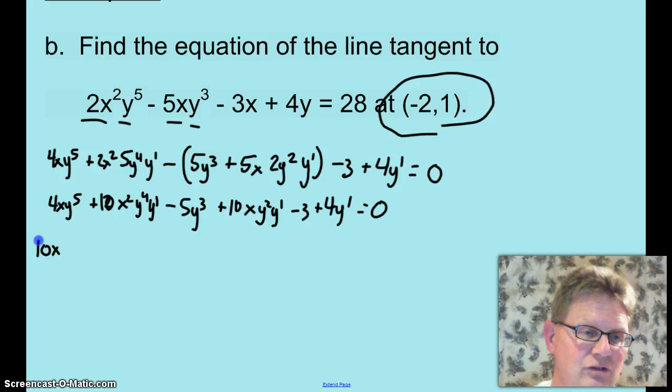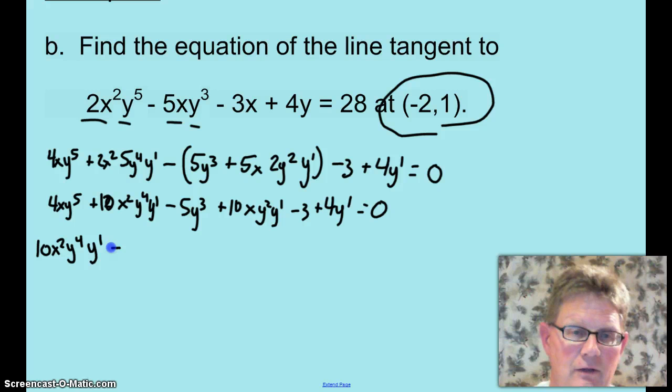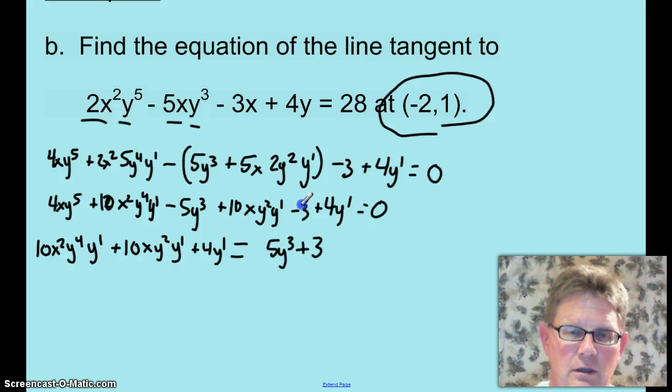So 10x squared y to the 4th y prime plus 10x y squared y prime plus 4y prime equals, let's get everything else over on the other side. It's going to be a positive 5y cubed plus 3. Take care of that. Taking care of that. Minus 4xy to the fifth.